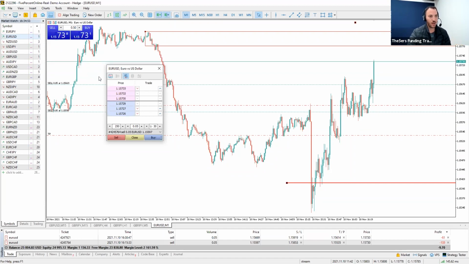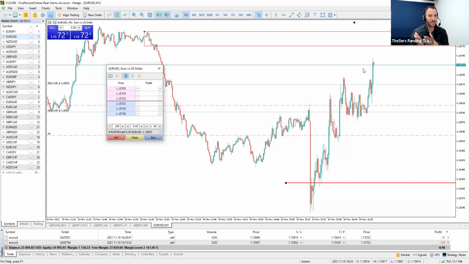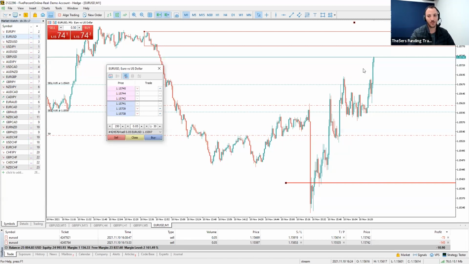Regarding the profits, you're right. I'm taking small targets because we're working on a 1-minute chart. But if you can apply this to the daily charts, the hourly charts, instead of taking 3 or 4 pips of profit, you can go ahead and take 20, 50, 100.